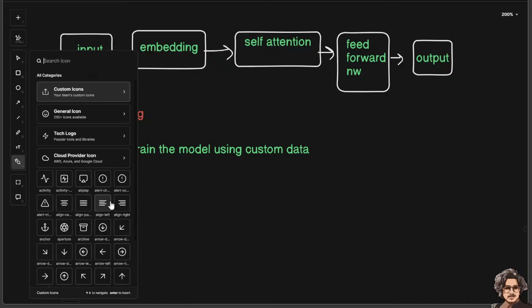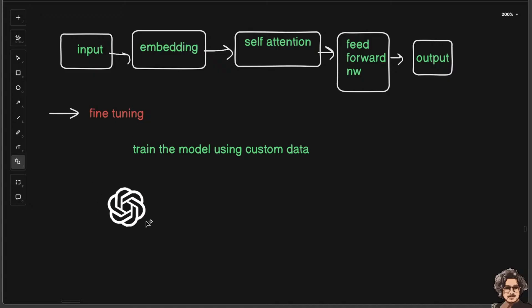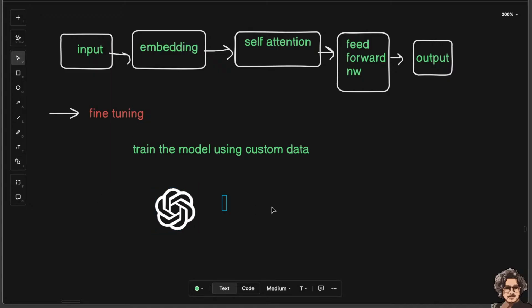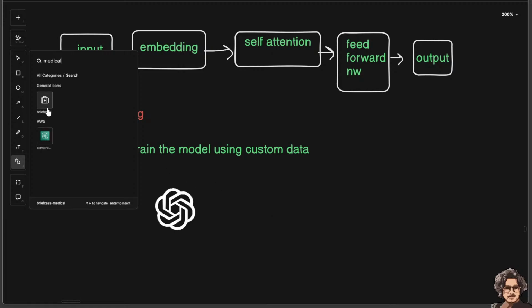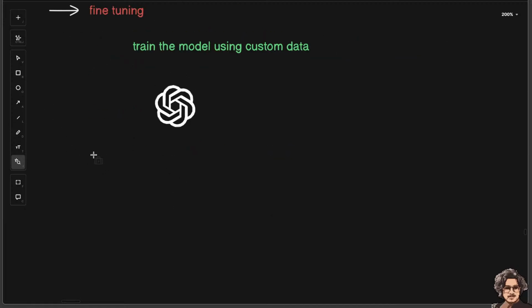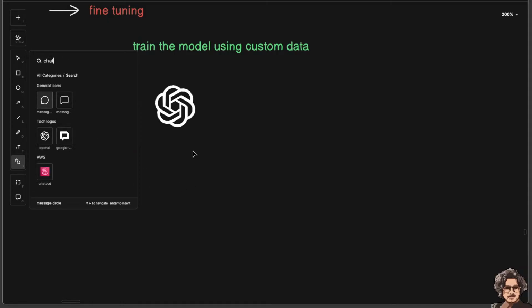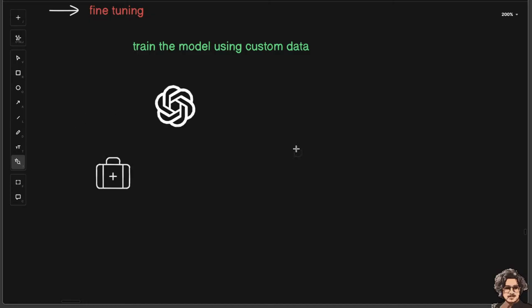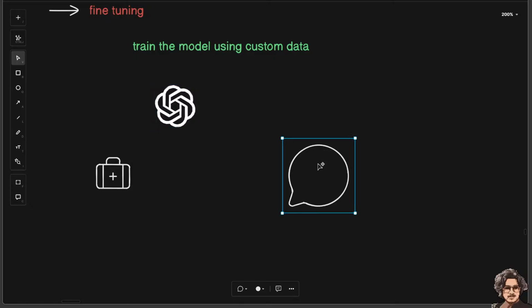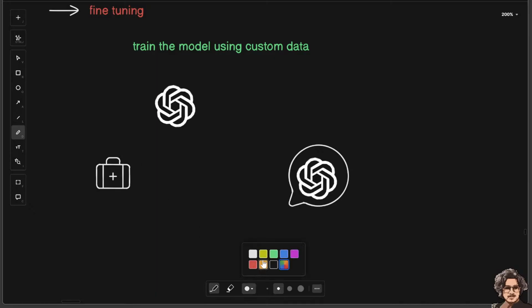So suppose we have ChatGPT, which is a general GPT, and this is the medical dataset.